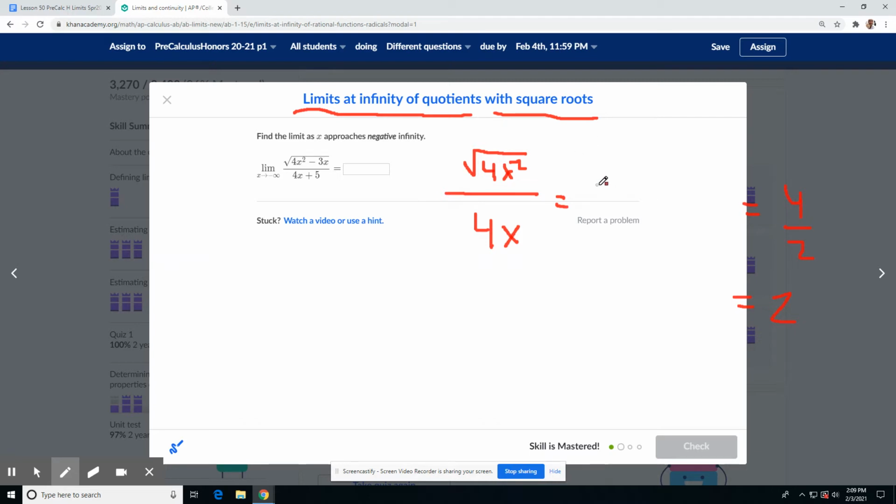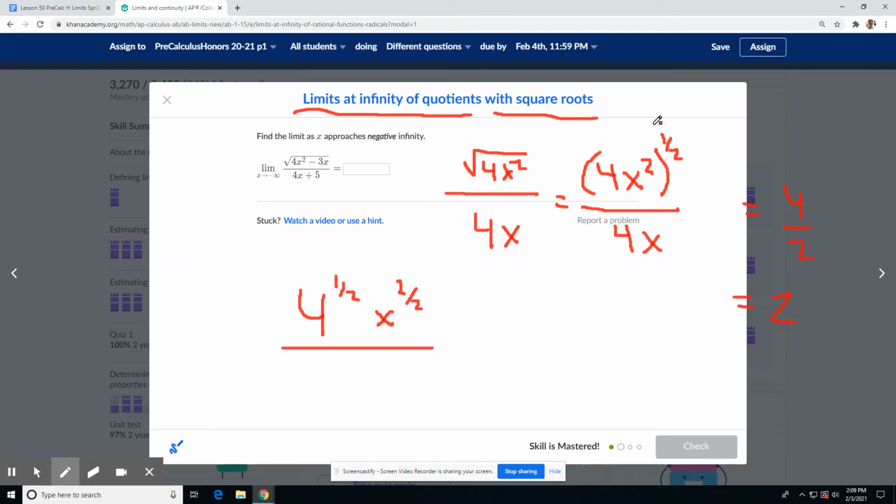And don't forget, you may need this at some point, but a square root is the same thing as a 1/2 power for x. 1/2 is a multiply, an exponent to an exponent. So this turns into 4 to the 1/2 x 2 over 2, 1/2 times 2. Everything in that parenthesis has that exponent applied to it. We still have 4x on the bottom. 1/2 is the same thing as square root.